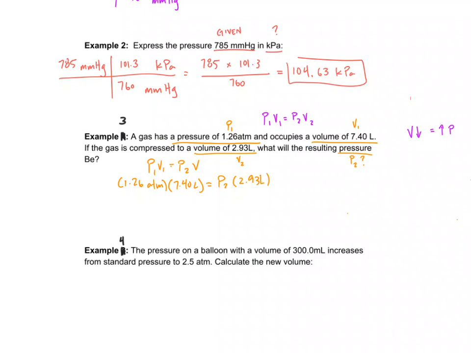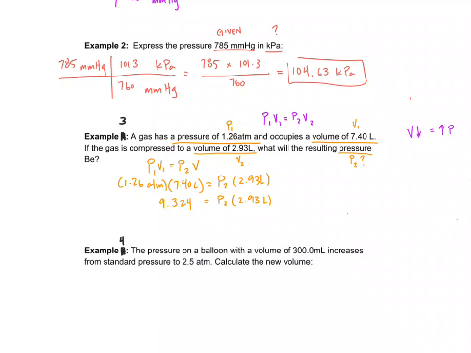So I'm going to go ahead and combine like terms on the right. When I multiply 1.26 by 7.4, I get 9.324, equals P2 times everything that's still on the right, 2.93 liters.